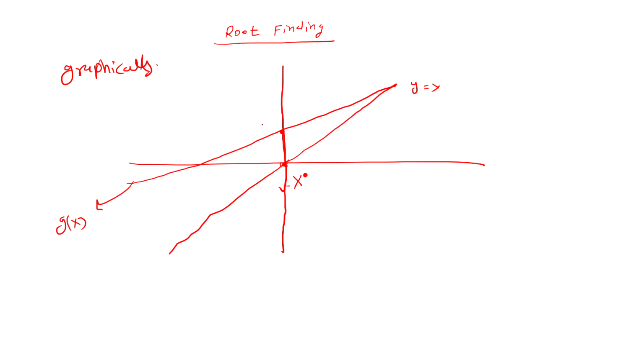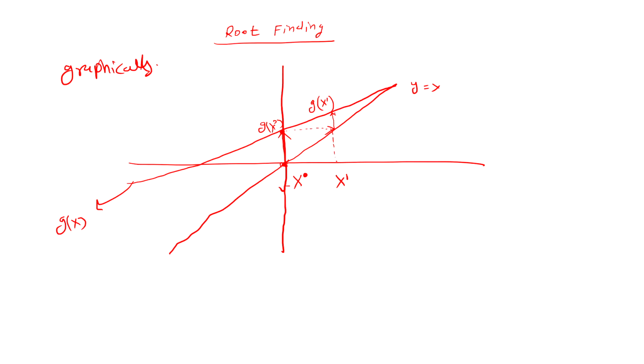This is my g of x naught. Then the next guess will be equal to this. So this is my latest guess. Now at x1, we are going from here to here, then here to here. Then we are calculating the function value at g of x1. This is my function value at g of x1.